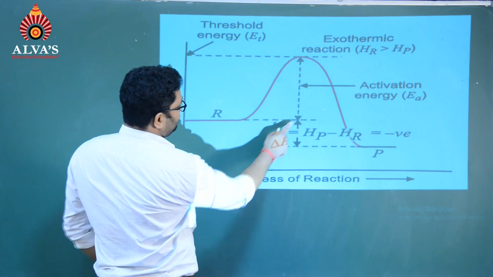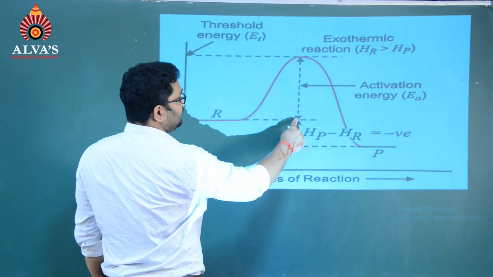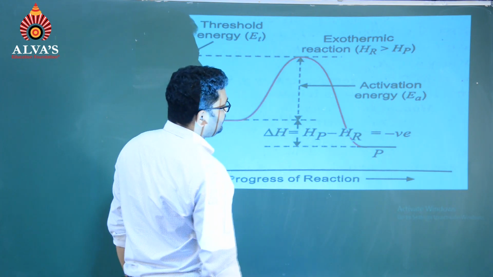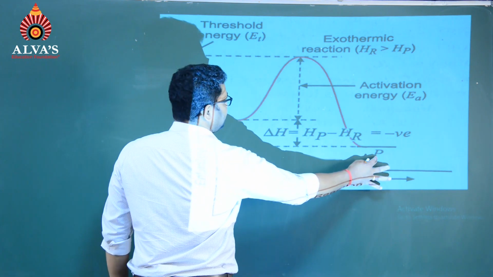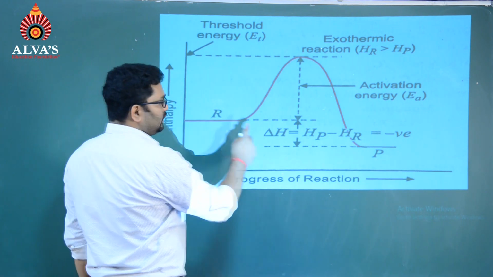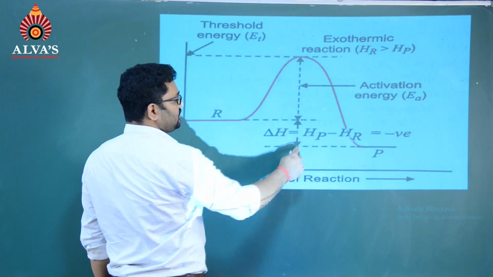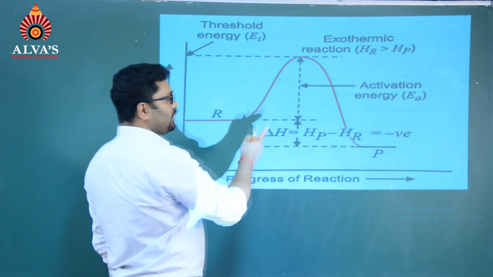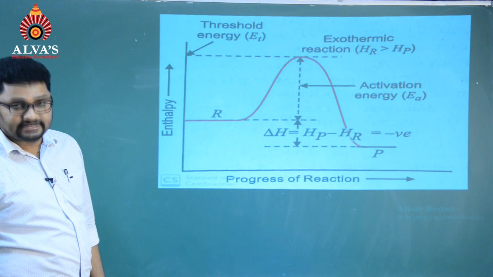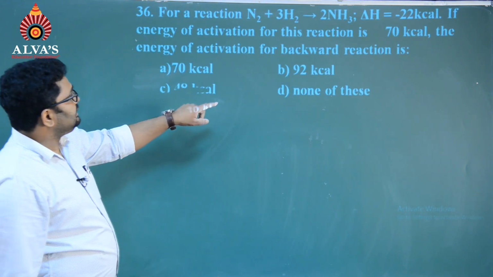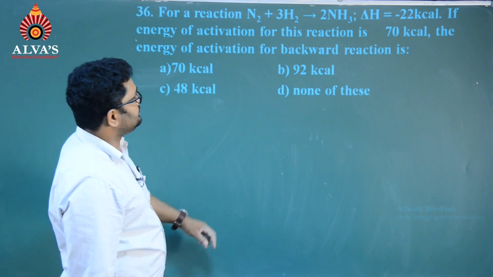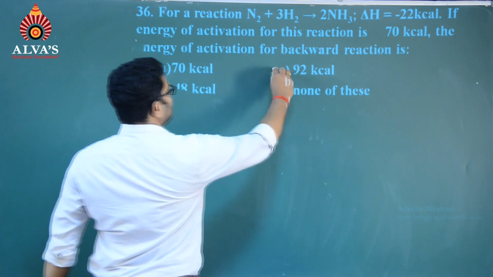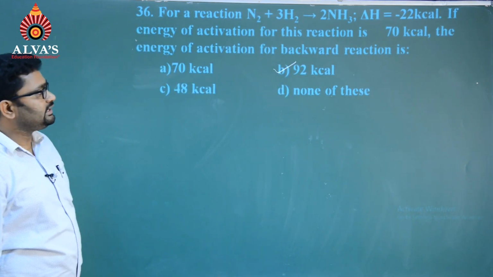Whatever energy gap is there from here to here is called the energy of activation for the forward reaction. And the energy of activation for the backward reaction, where product acts as reactant and reactant acts as product, is this gap. That means the backward reaction has more activation energy than the forward reaction. The forward is 70, so it should be more than 70, which means the answer is B, that is 92 kilocalorie.